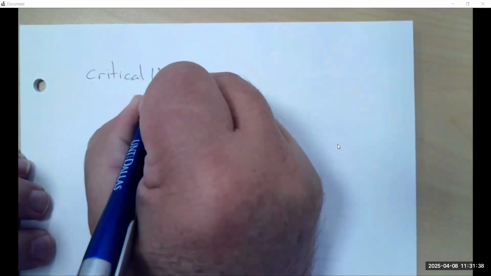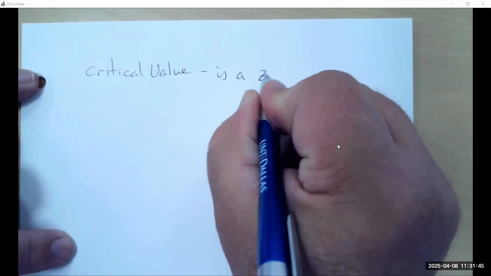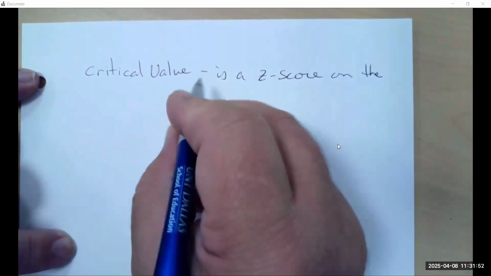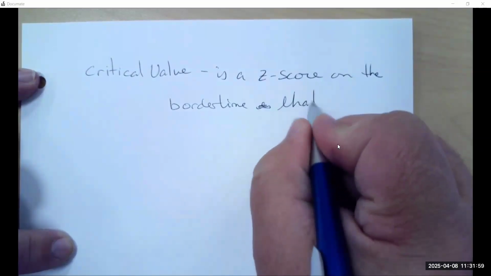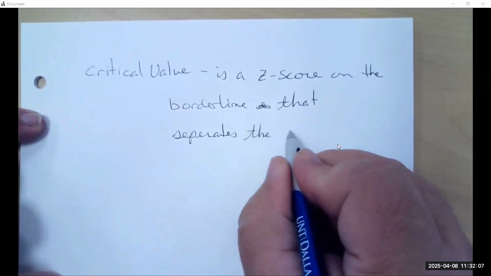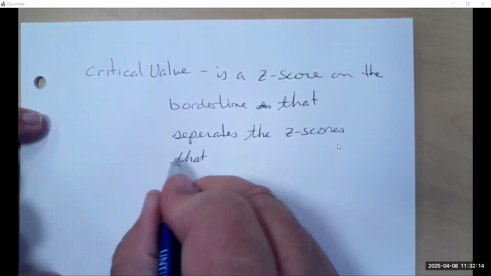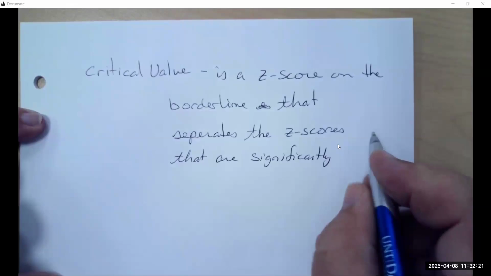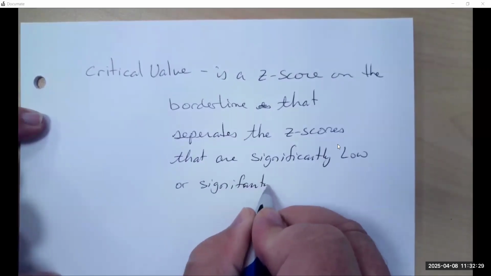Critical value: a critical value is a z-score on the borderline that separates the z-scores that are significantly low or significantly high.